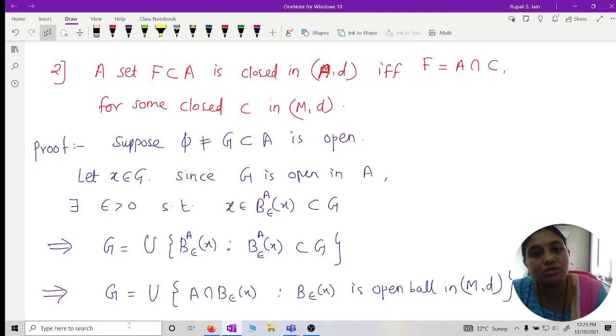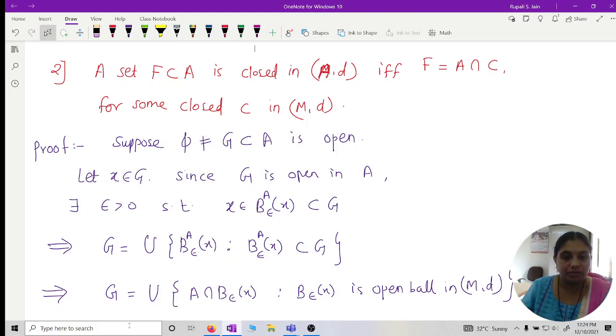Let F be a closed set in metric space A, D. Then F complement will be open in A, D, right? So use the first theorem. So F complement can be written as A intersection U, where U is open in M, right? And then you can take C equal to U complement. That will work. Is that okay?